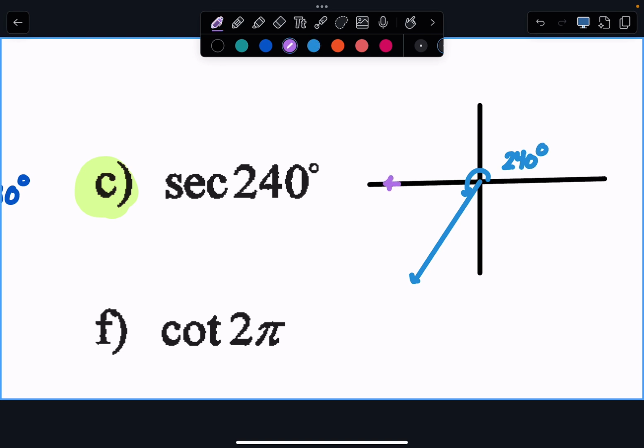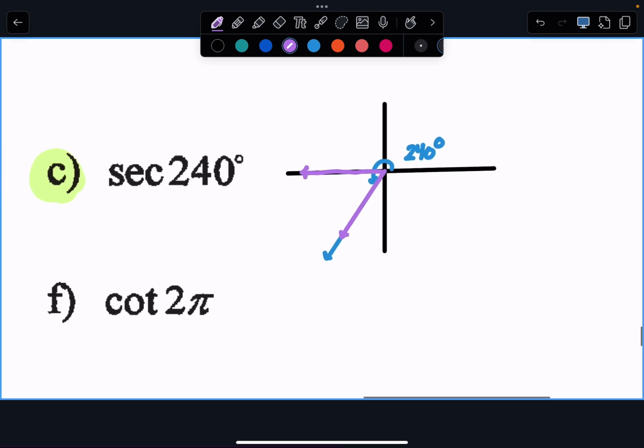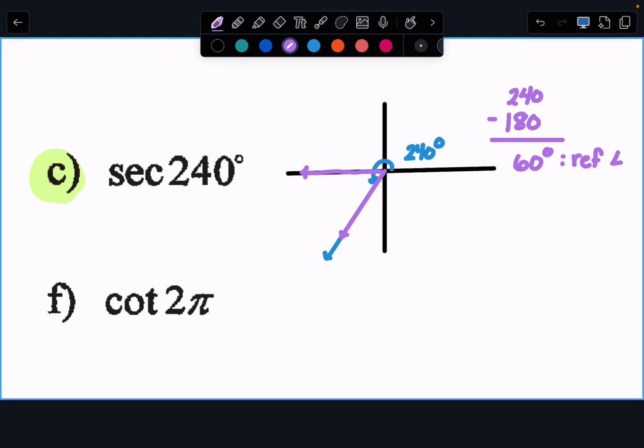So we would be looking for that same type of reference angle. But what are we going to do this time? How do we find the purple piece? 240 minus 180. And this time we get 60. So that's our reference angle this time. And then what is the reciprocal of secant?